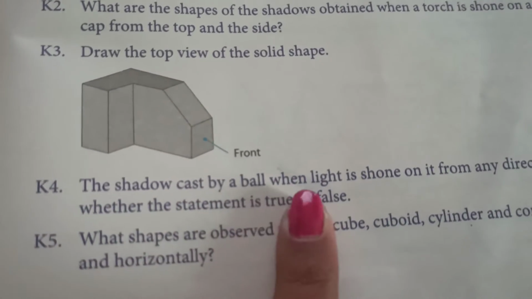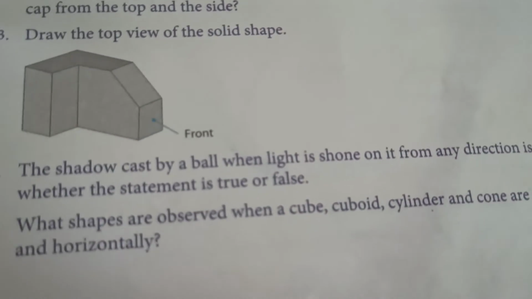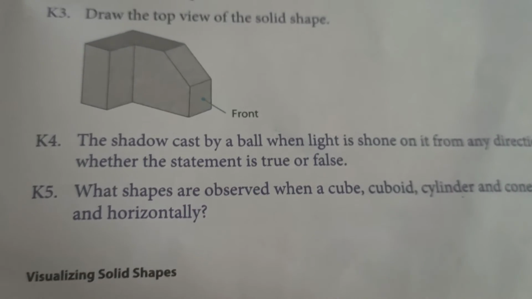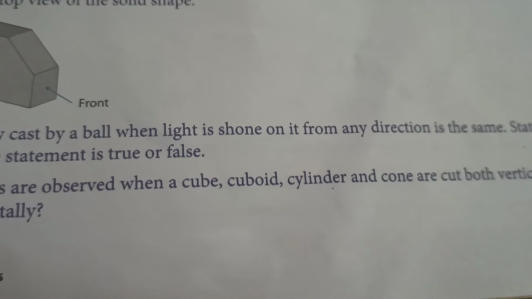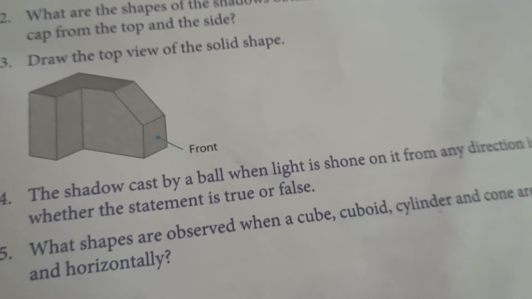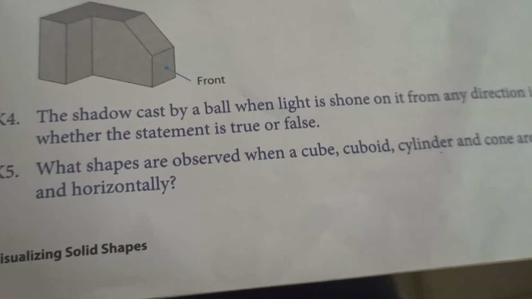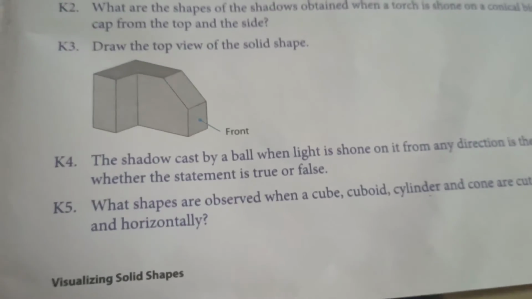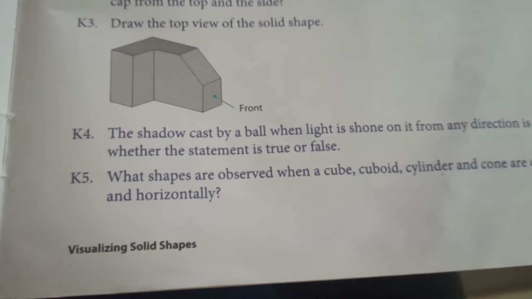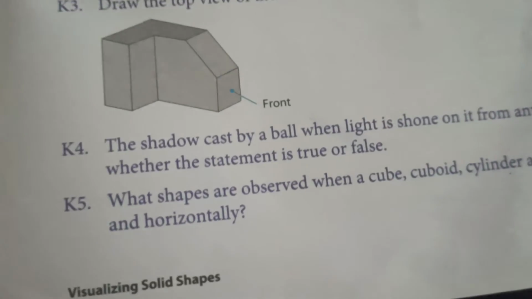The shadow cast by a ball when light is shone on it from any direction is the same. Question 5: what shapes are observed when a cube, cuboid, cylinder and cone are cut both vertically as well as horizontally? When you cut a cube vertically as well as horizontally, you will get two rectangular face shapes.